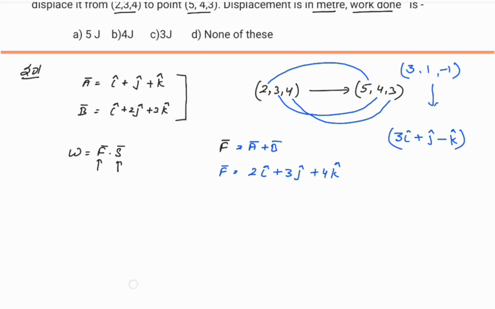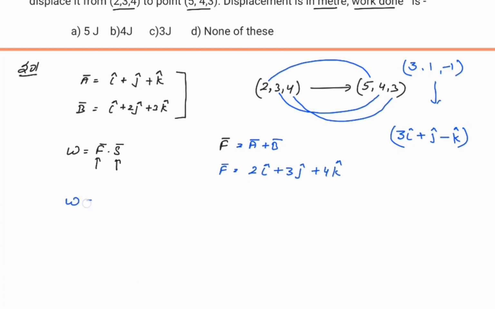Now put in the values and you will get the answer. Work done will be equal to F dot S. What is F? 2 i cap plus 3 j cap plus 4 k cap, dot product with 3 i plus j minus k.